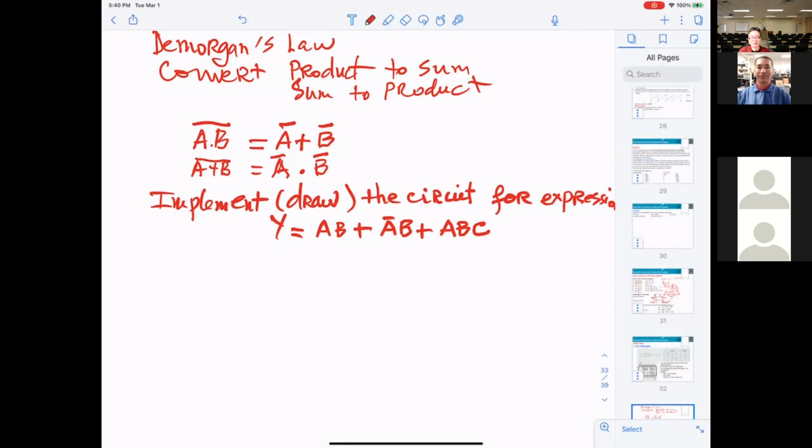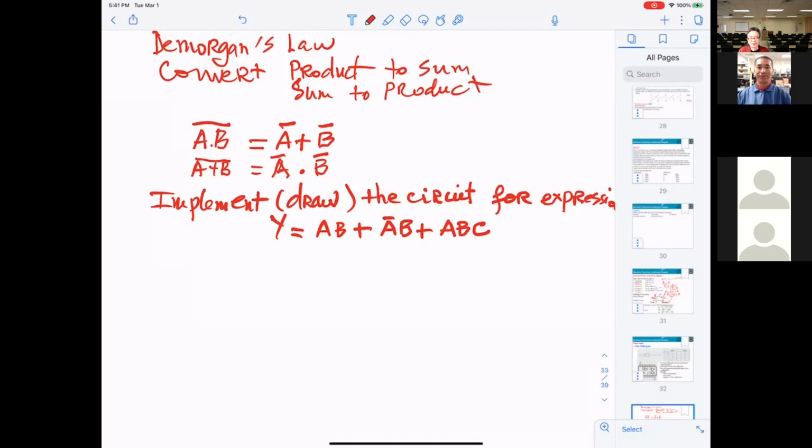When we design circuitry in digital, they have to tell you how many inputs they want and what the output is supposed to be.